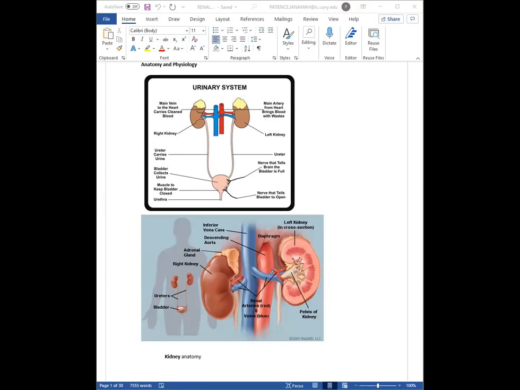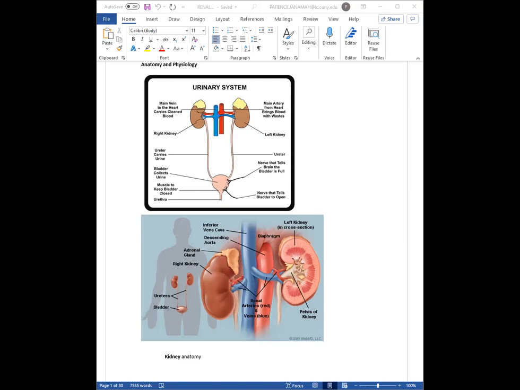Okay, so I had told you that the renal system has 2 kidneys. Every human being has 2 kidneys. We have the left and the right kidney, and we have the 2 main vessels, 1 vein and 1 artery. The vein carries deoxygenated blood to the heart.